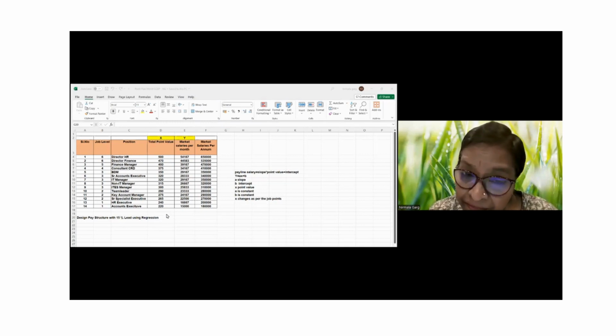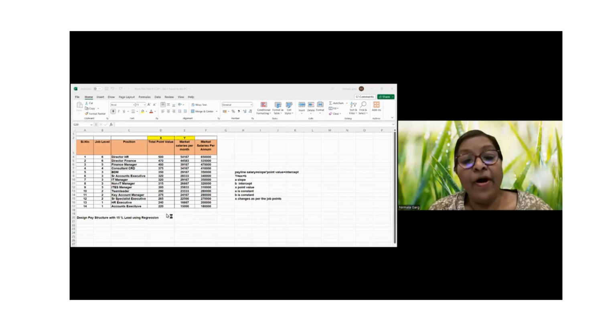Is that clear? Now you are actually looking at market data for these jobs after matching them.